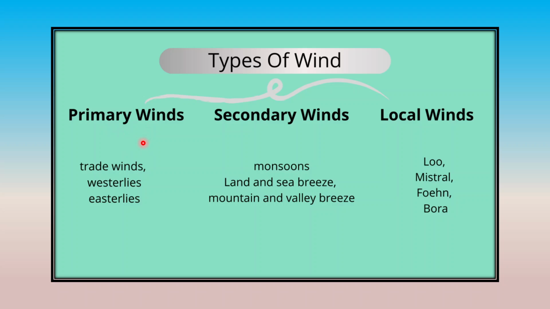Now, the primary or the planetary winds blow regularly in the same direction in certain latitudinal zones corresponding to the major pressure belts of the world and are known as prevailing winds or the permanent winds or the primary winds. The major planetary winds are the trade winds, the Westerlies, and the Easterlies. So we are going to learn in detail about the primary winds in this module.